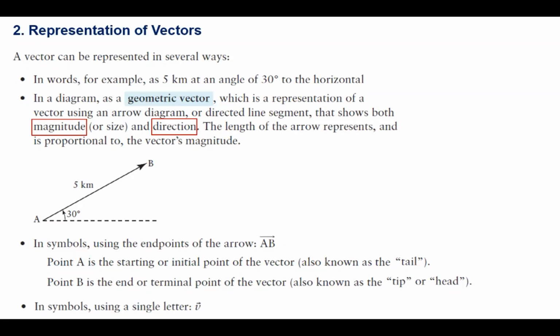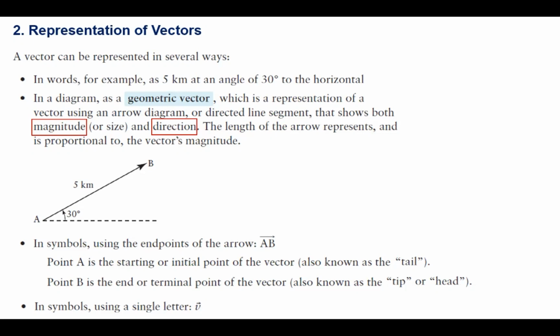Second, you can also express a vector using a diagram as a geometric vector, which is a representation of a vector using an arrow diagram or directed line segment that shows both magnitude or size and direction.